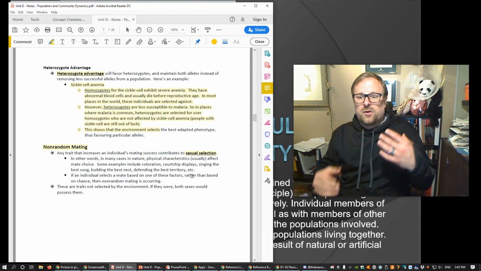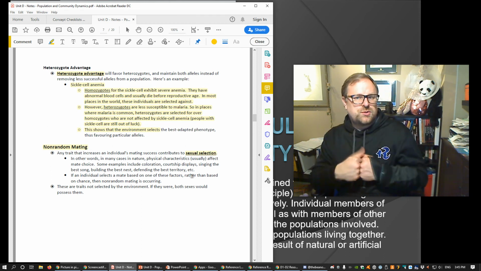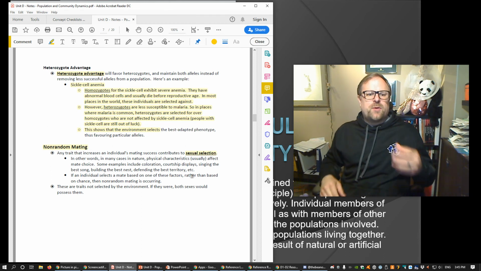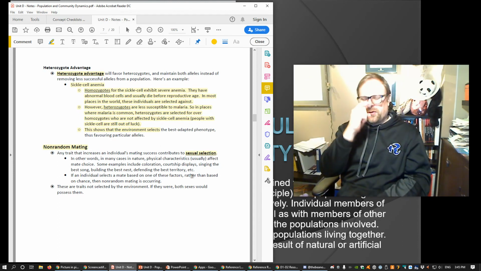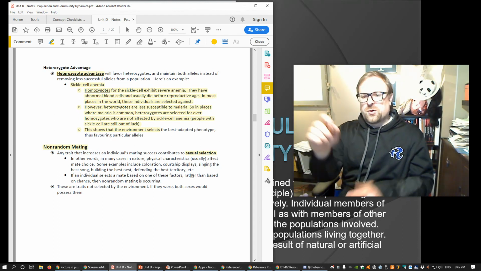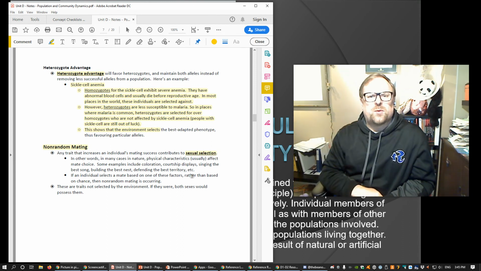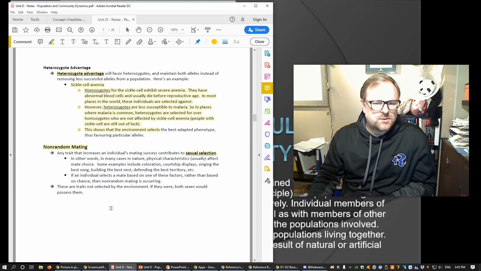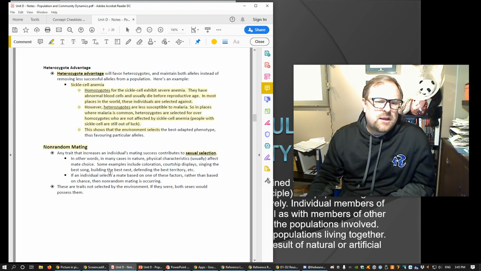The way I like to look at it is sexual selection is you go out and you choose the person that you mate with, whereas random mating is you close your eyes, you open a phone book, you put your finger on a name, and that's the person you mate with, as long as they are of the opposite sex or they're compatible to mate with. That's what we're talking about with non-random mating.